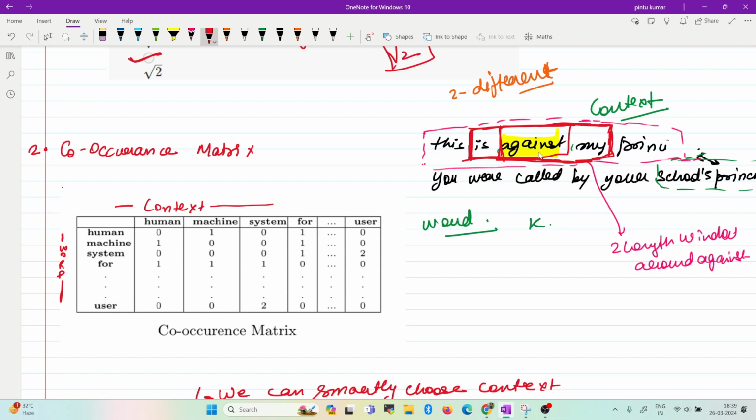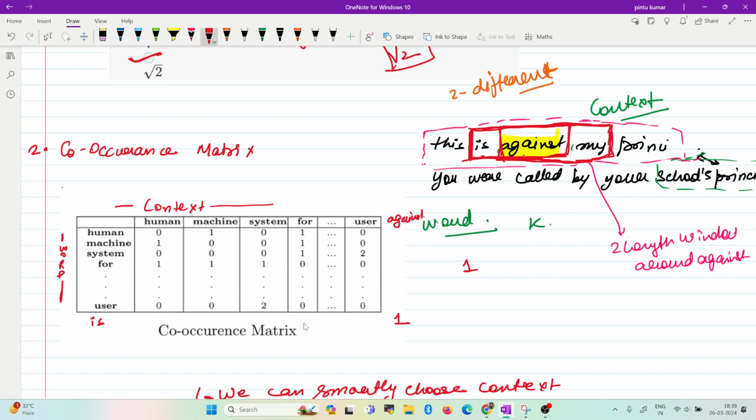So let's say we stick to the second definition. We will look at all the two-length windows, and we will count the co-occurrence of words occurring in that particular window. For example, I'll have "is" and "against" occurring once together. If there was one more occurrence of "is" next to "against", I'll have entry 1 over here.